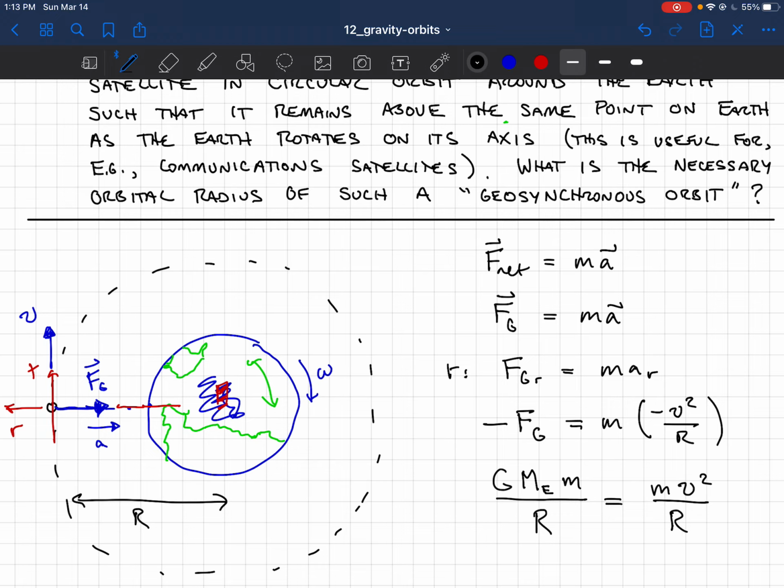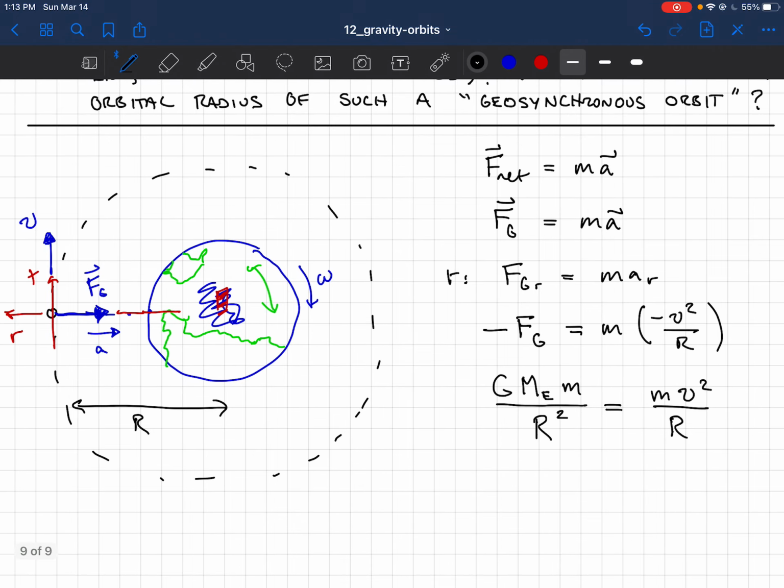And again, the two r's mean exactly the same thing. One is the radius of the circle. The other is the separation of the two objects' centers, but that is the same for a circular orbit. And I left off a squared here.